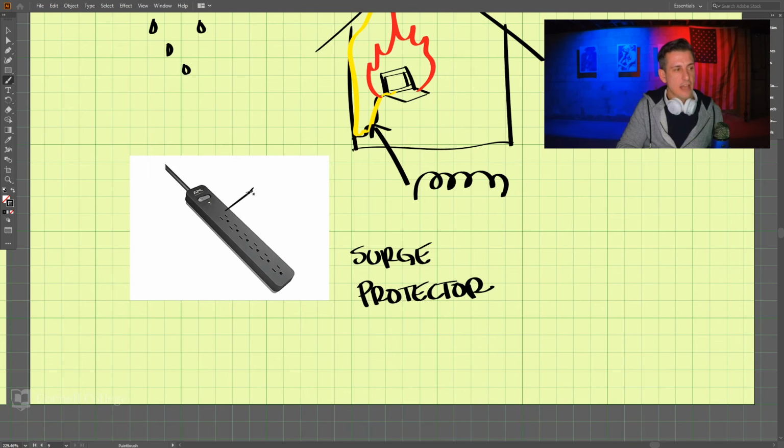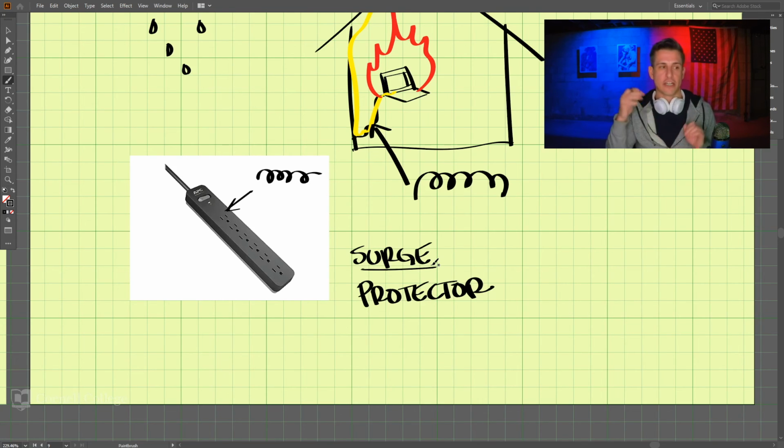And these have, among other things, inductors on the inside, and it prevents a surge, meaning a fast surge of electricity. And so it protects. It keeps things safe.